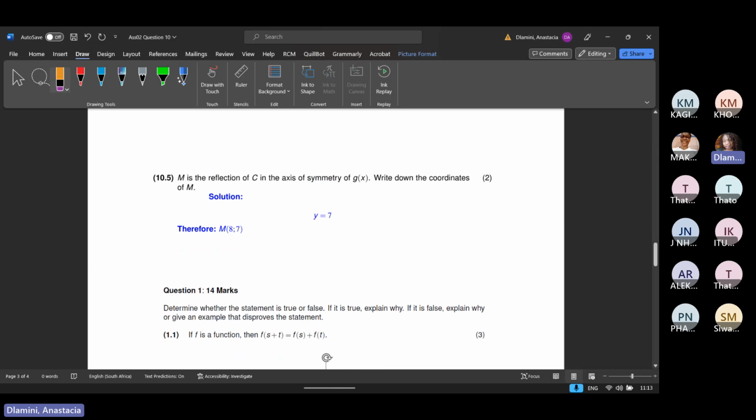Now here's the statement. No answers yet, please. It says, if f is a function, then f of s plus t is equal to f of s plus f of t. False or true? What did you write? True or false? I want to ask you why.